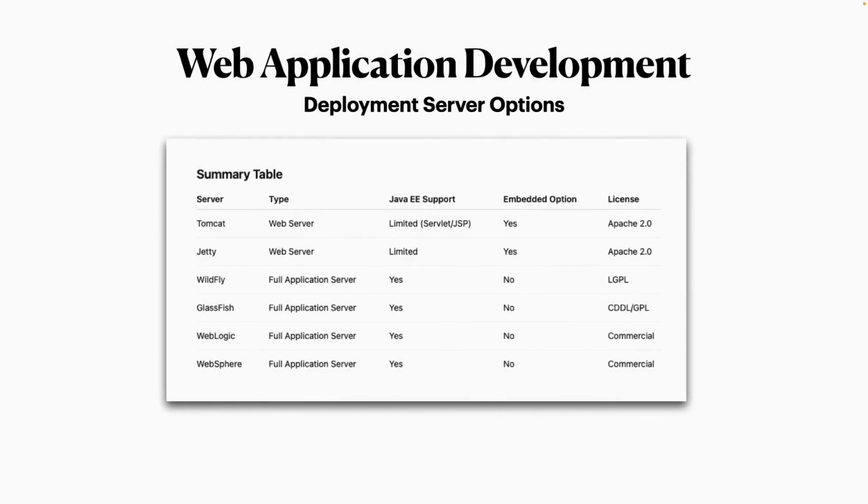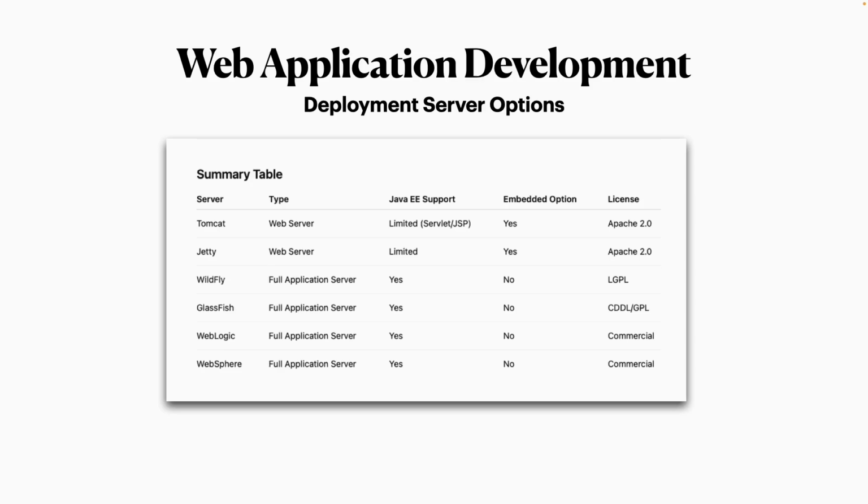Here is just a snapshot of the options of servers that are available for developers. Tomcat is the widely used web server for development purposes, which is free under the Apache 2 license, and which supports servlets and JSP. An embedded option is also available if you are going to develop using Spring Boot. And Jetty is another web server, the same as Tomcat.